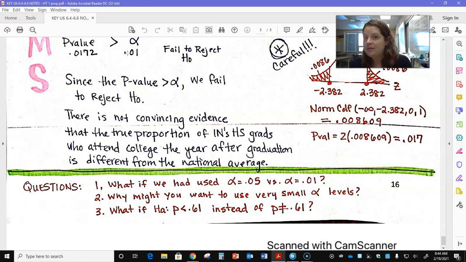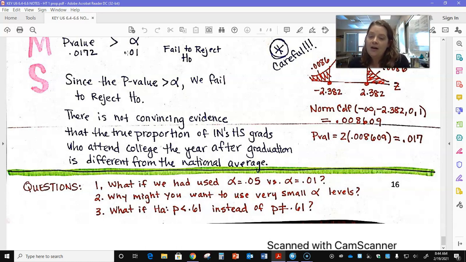Basically that depends on the seriousness of your test. If you're testing something that you really can't afford to be wrong about, you need to be really, really sure. That would give you a reason to use a small alpha level. However, the larger your alpha level is, the better the chance you have of disproving that claim and going with the alternate hypothesis. We'll talk about that in the next section.